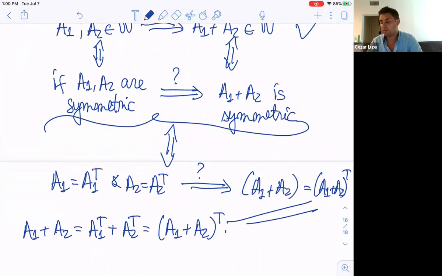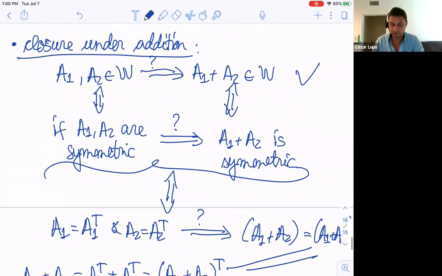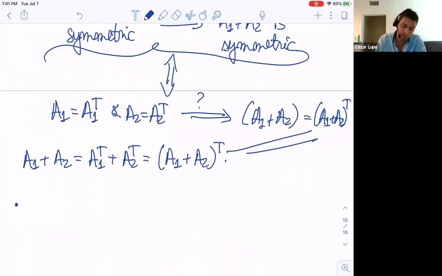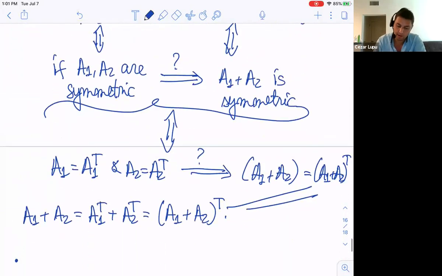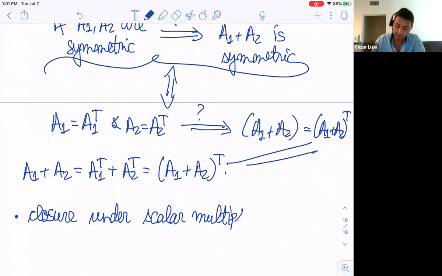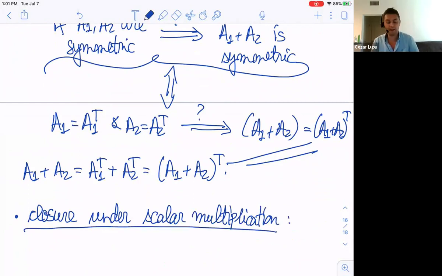What about scalar multiplication? The first one, closure under addition, is true. What about closure under scalar multiplication? What do you think of this? It is the same thing.